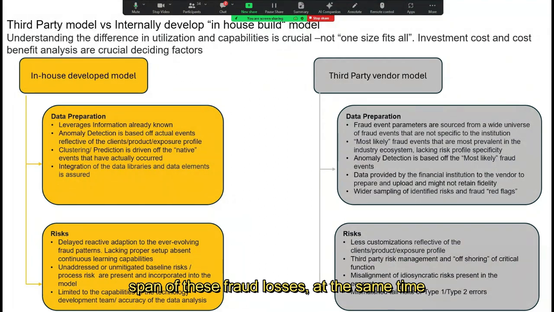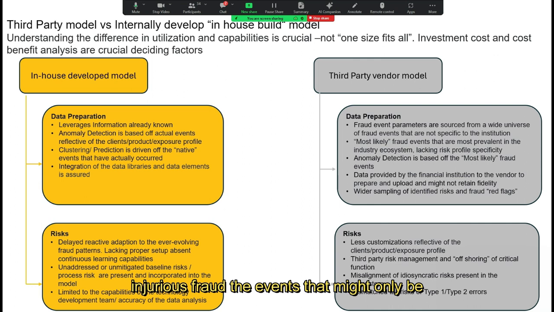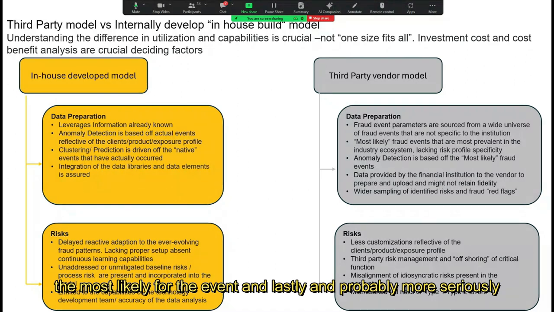At the same time, they also might be somewhat limiting, because the fraud events that the third-party models might be focusing on are the most likely fraud events to occur for a given institution type, and therefore very unique but very injurious fraud events that might only be present within one-off institutions are not going to be reflected here as well. The anomaly detection as well is based off the most likely fraud event.